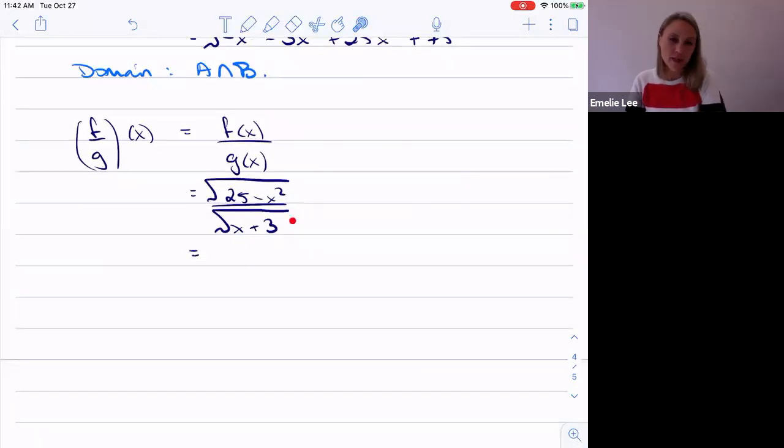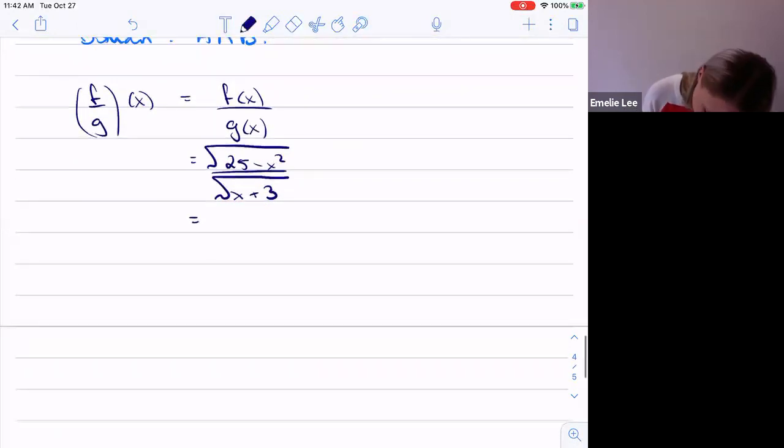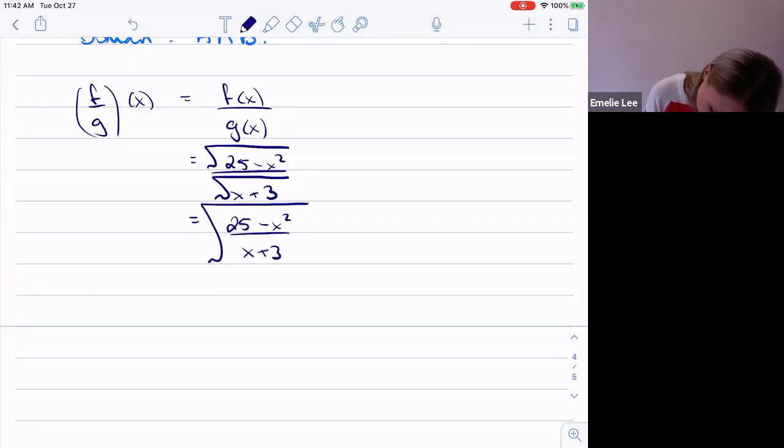I can combine this under one square root. If I was able to factor this out into something that canceled, that might be tempting. I don't see anything though, so I'm just going to leave it as is. But you could put them all under the same square root if you want to. So 25 minus x squared over x plus 3.